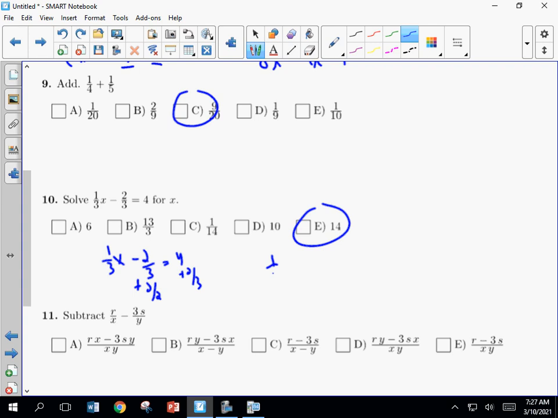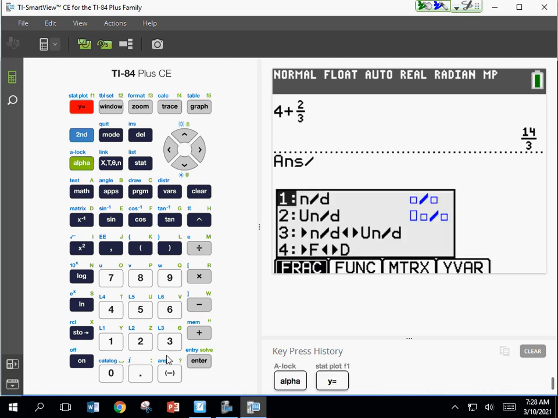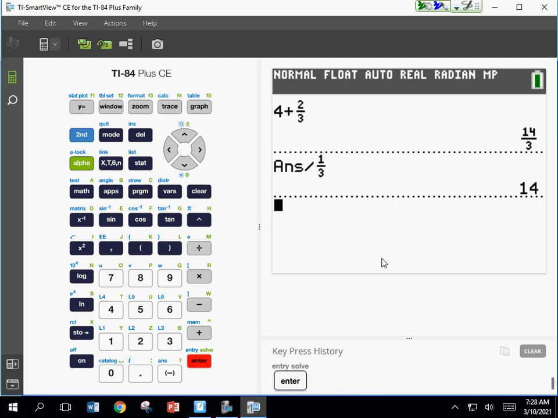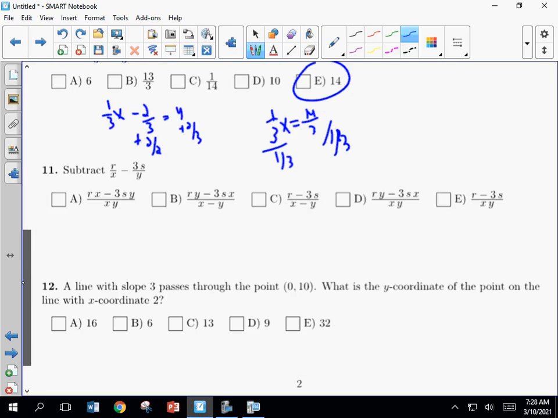So now we got 1/3 x equals 14/3. To get rid of a number in front of x, you divide. So we're going to do divided by alpha y equals 1/3, and we get 14. So either way is acceptable, it wouldn't be too bad.